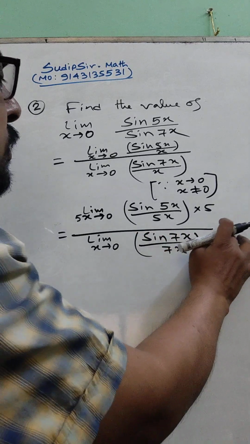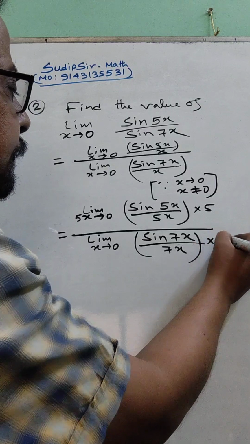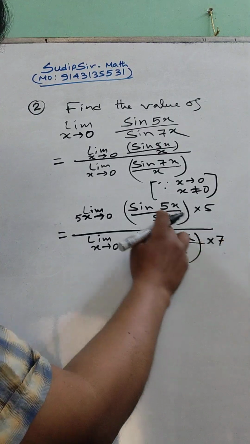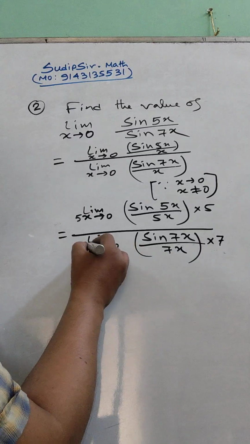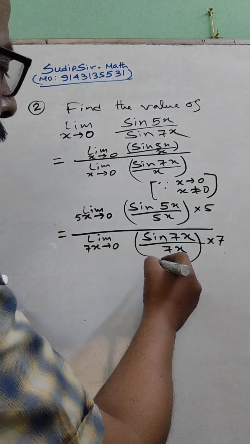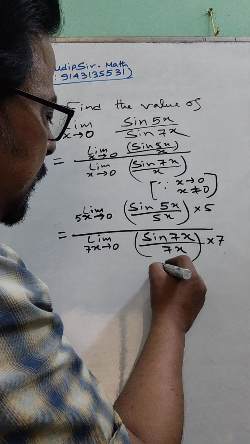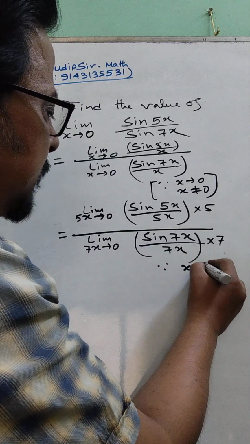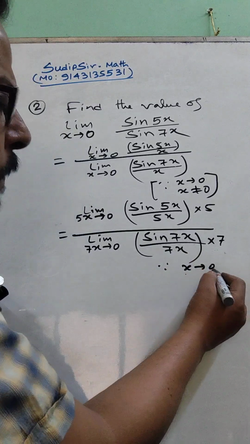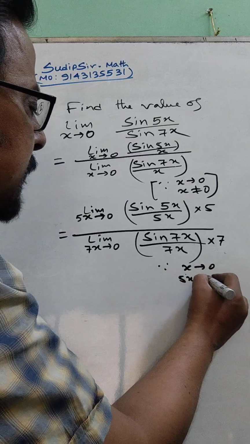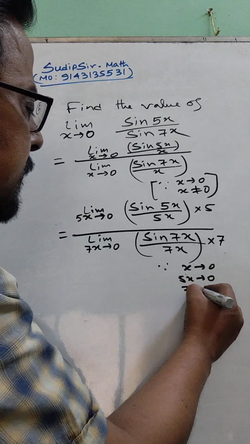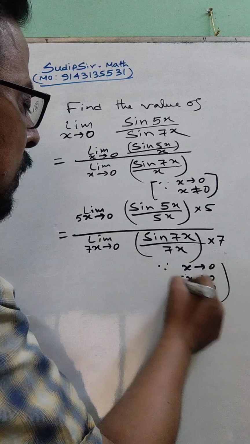Since x tends to 0, multiply 5 on both the sides, so 5x tends to 0 and 7x tends to 0.